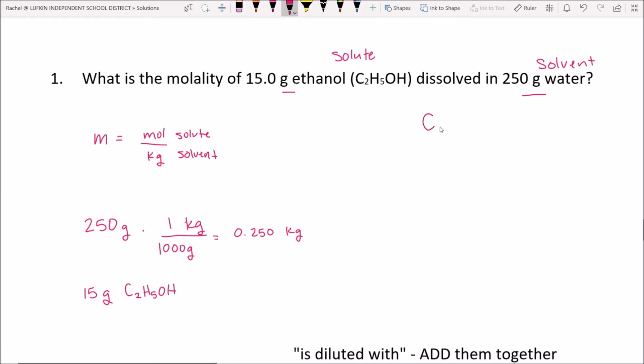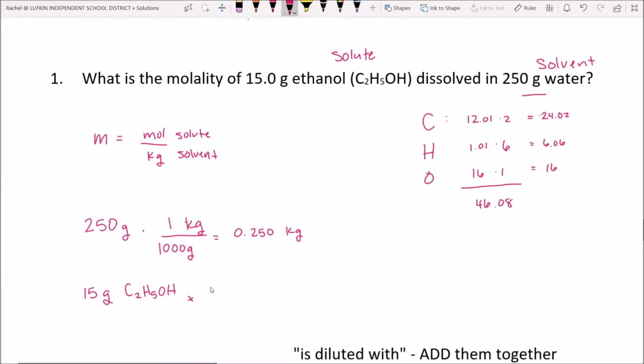So we need to get the molar mass of ethanol. We just need to add up C, H, and O. So 12.01 times 2, 1.01. How many H's do we have total? 6 H's total, because 5 plus this one. And then we've got 1 O. So in total, what would our mass be? I think it's 46.08, okay?